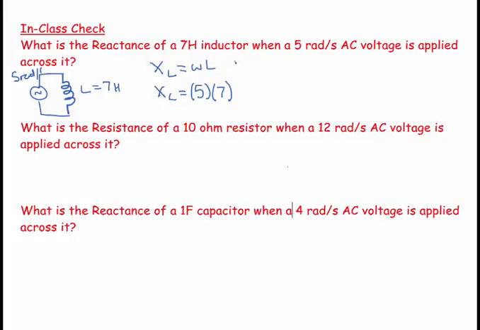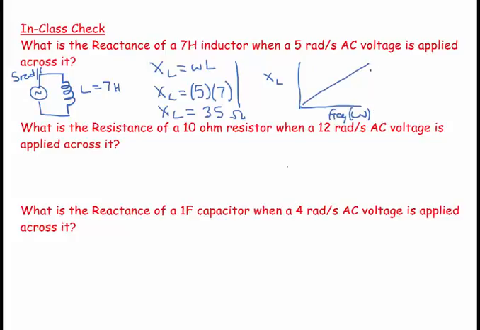So XL is equal to 35 ohms. And just to give you, let's visualize this. If I plot a graph of frequency, omega, say frequency in radians per second, versus my inductive reactance, which is my frequency dependent resistance, it's a linear expression, so it just increases with frequency.